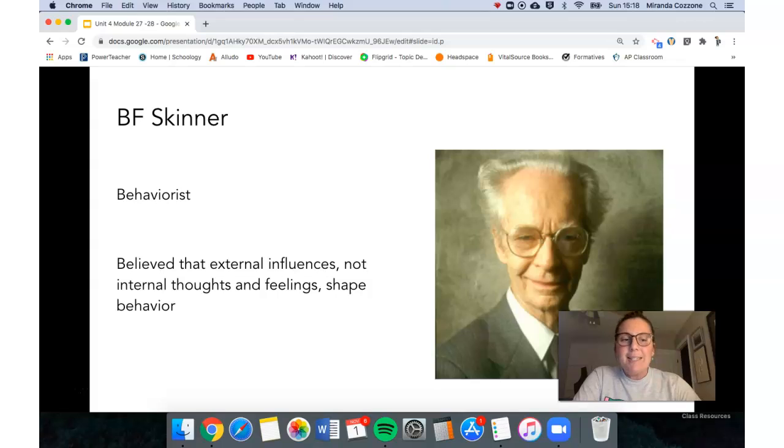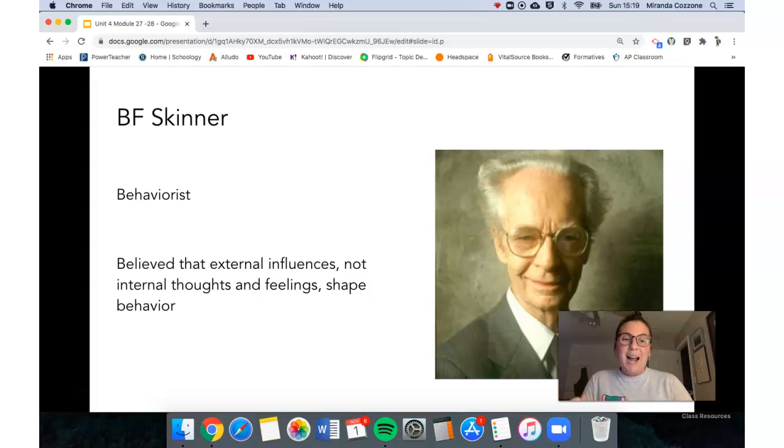And this doesn't sound controversial, believing that external influences, not our inner thoughts and feelings, shape behavior. That might not seem controversial, but it really was at the time. I think so often we like to think of ourselves as humans being just so rational, and that our behavior can be explained because we have intellect and morals.